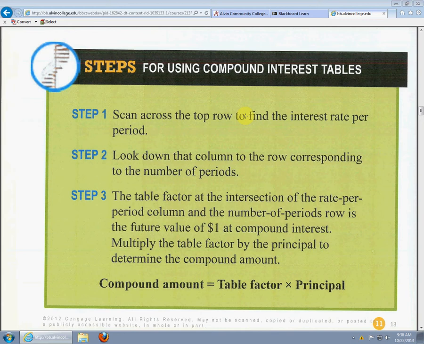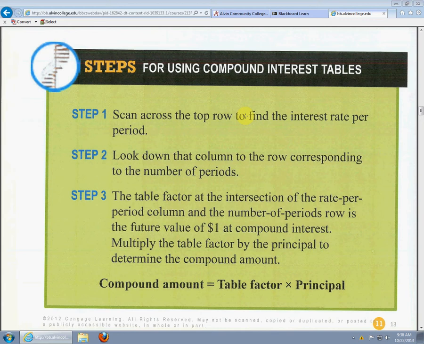And then step 3, we take the table factor at the intersection of the rate per period column and the number of periods row, and that's the future value of $1 at compound interest. And then we multiply that table factor by the principal to determine the compound amount. Okay. So let's look at this.